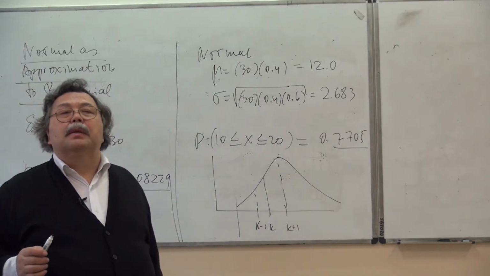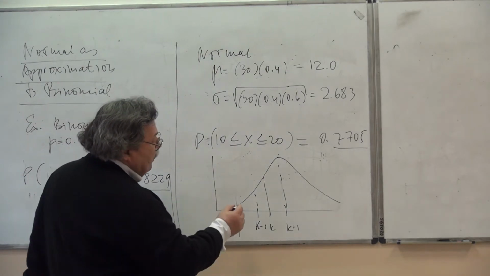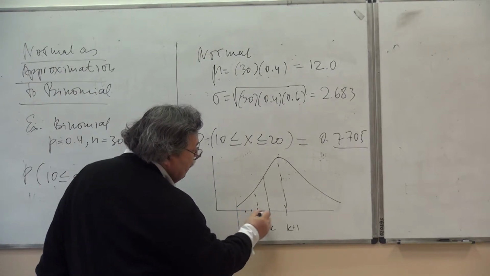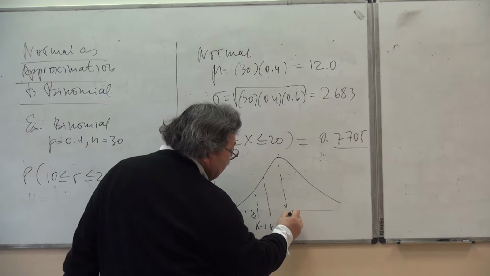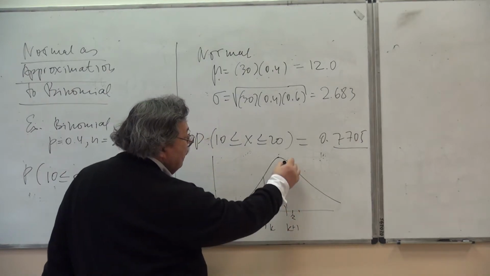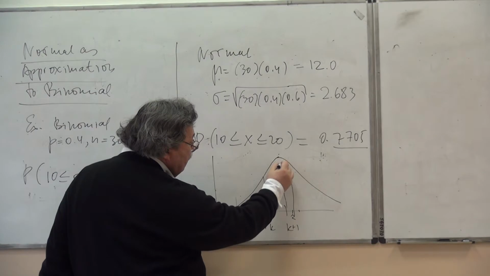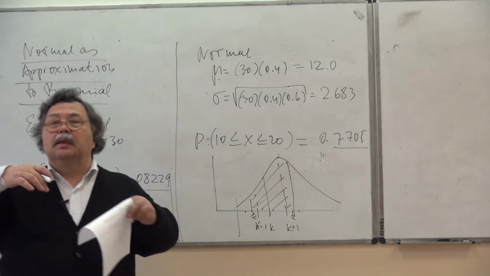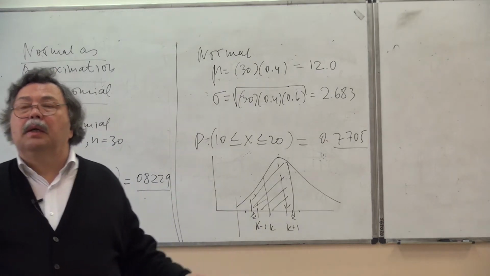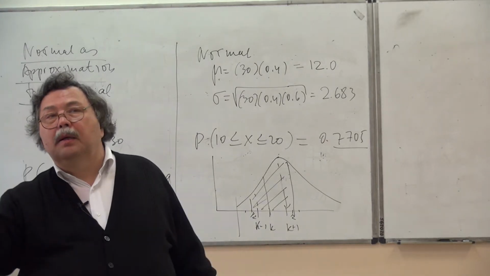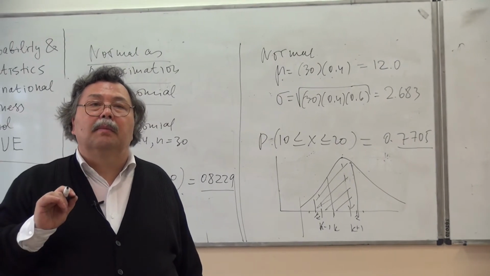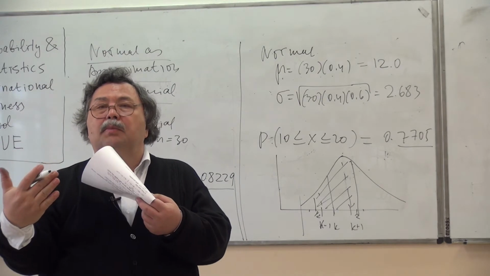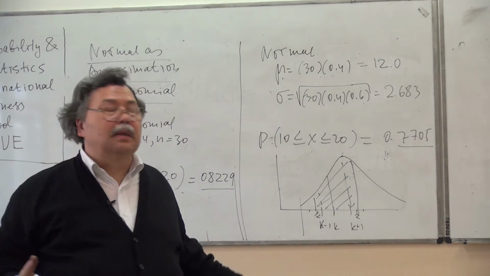Well, if you think of it, not quite. A better idea is to include 1/2 here and 1/2 here, okay? If you look at the bigger picture, at this entire distribution, you need to add 1/2 to the leftmost value and 1/2 to the rightmost value for these two distributions to match, to be consistent.